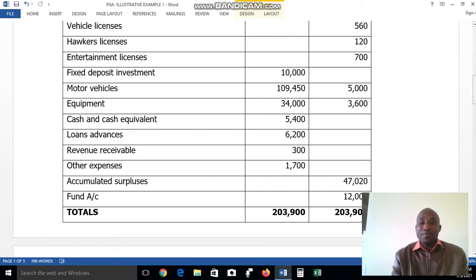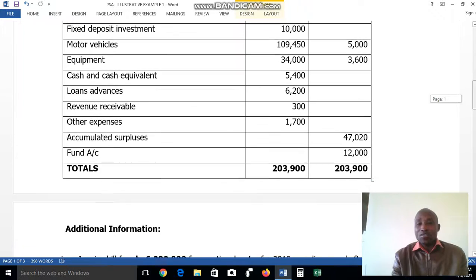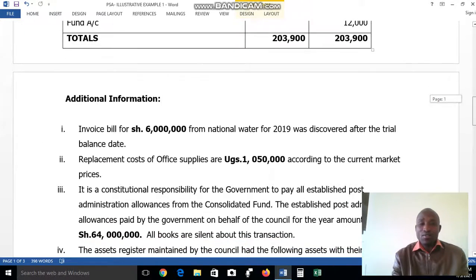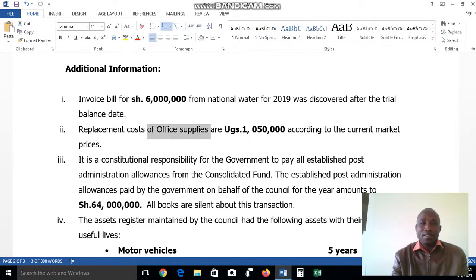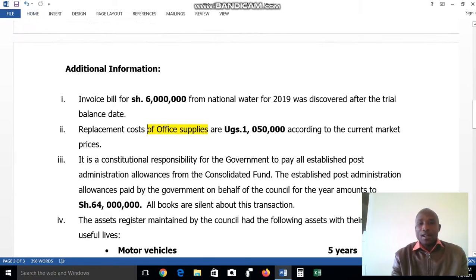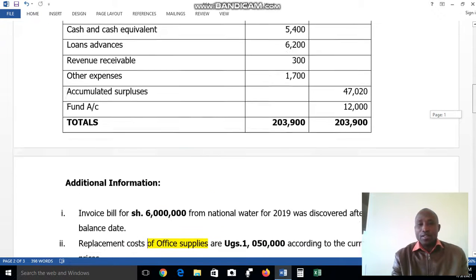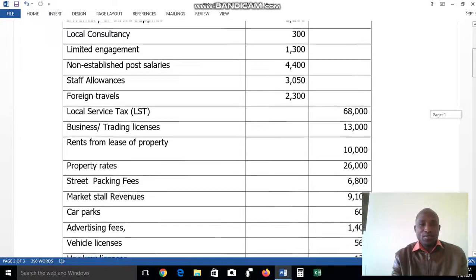When I talk of adjustments, you find an item in the trial balance having an adjustment. It means in the additional information you can trace it there. Like, for example, the replacement cost of office supplies here. Now, do we have office supplies in this trial balance of ours?